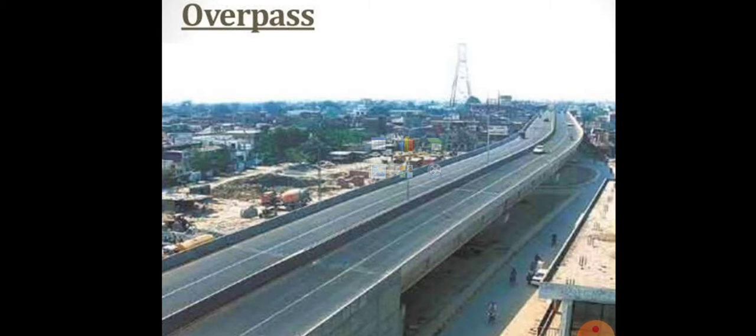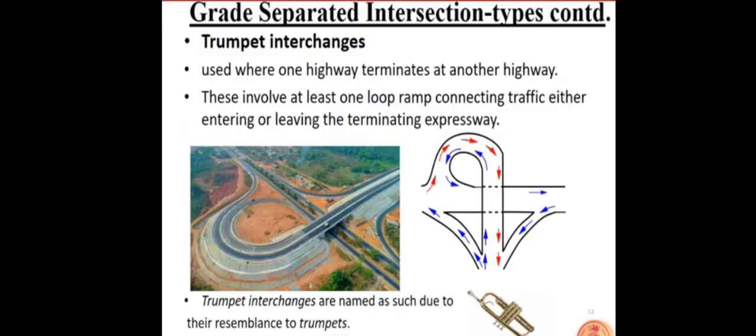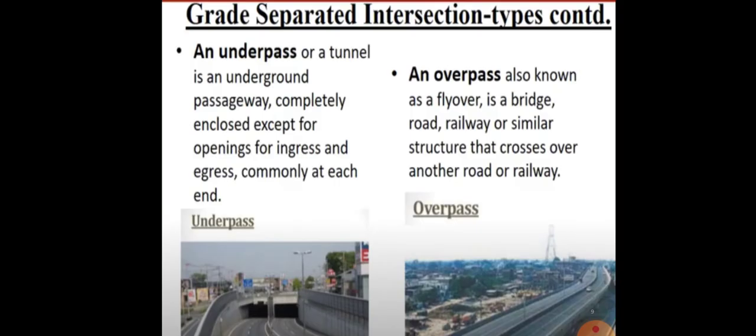Now coming to the next one, the overpass. What do you understand by an overpass? Here you can see, it is also called a flyover. The road will be above the natural road, that is, it will be a flyover, and there will be a bridge or a road or a railway or similar structure that will cross over another road or a railway.